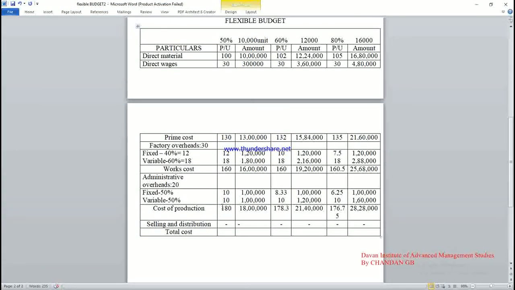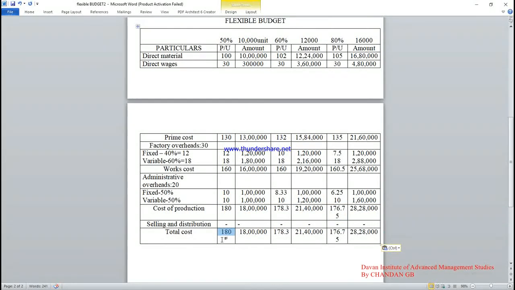The total cost remains the same as it is, this amount, because there is no amount of selling and distribution, right? Total cost remains 18 lakh, 20 lakh, 21 lakh 40,000. That is the same amount. That remains the same as it is, total cost.